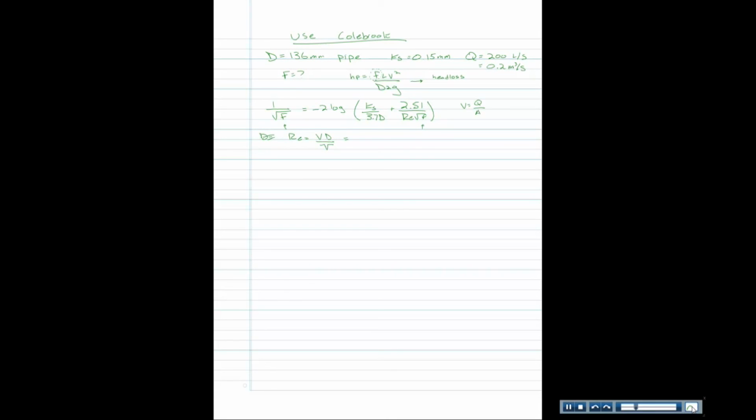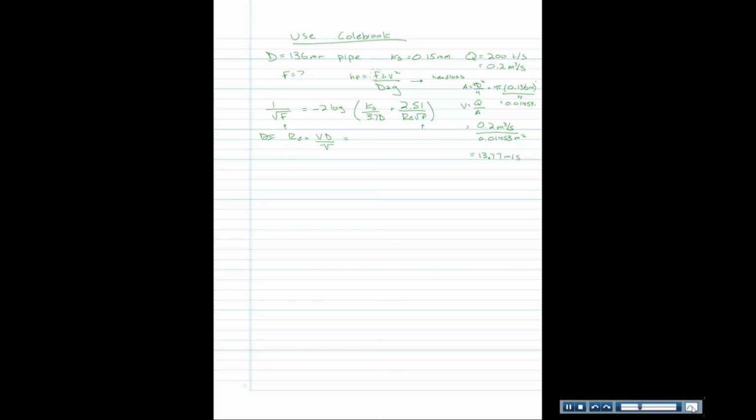It's Q divided by A. The area of the pipe is going to be pi D squared divided by 4, so pi times 0.136 meters squared divided by 4. That gives us an area of 0.01453 meters squared. And so then the velocity will be the flow rate, 0.2 cubic meters per second, divided by 0.01453 meters squared.